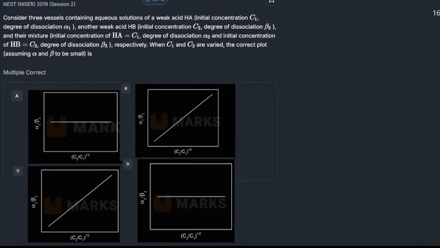Consider three vessels containing aqueous solutions of a weak acid HA, initial concentration C1 and degree of dissociation alpha 1; another weak acid HB, initial concentration C2 and degree of dissociation beta 2; and their mixture, in which the initial concentration of HA is C1 with degree of dissociation alpha 3, and the initial concentration of HB is again C2 but the degree of dissociation is beta 3. So when C1 and C2 are varied, what is the correct plot?